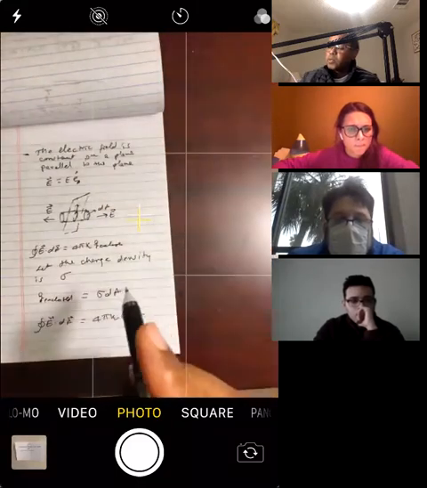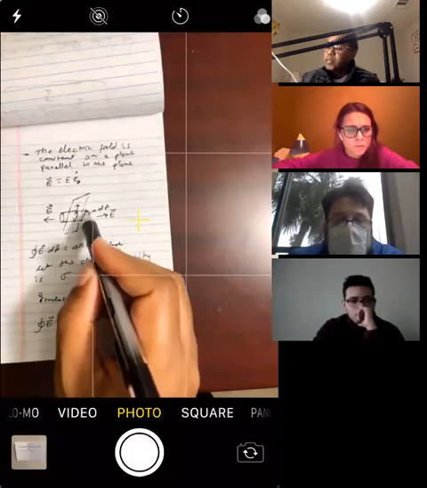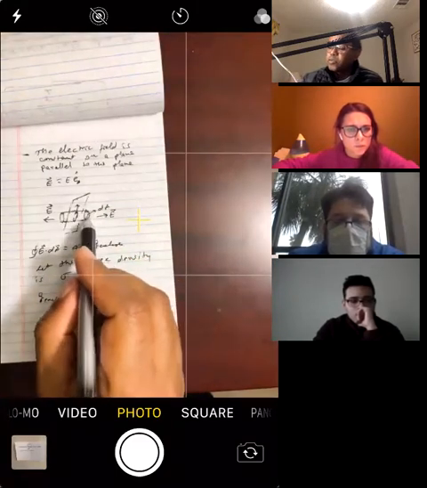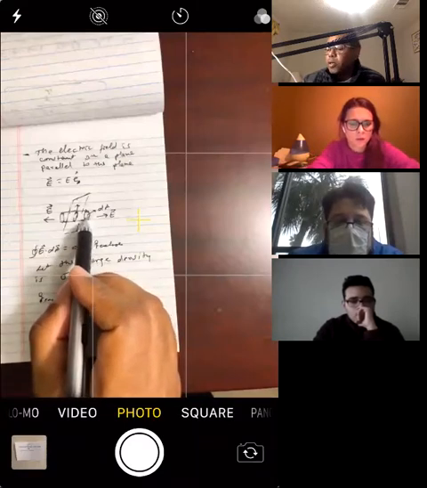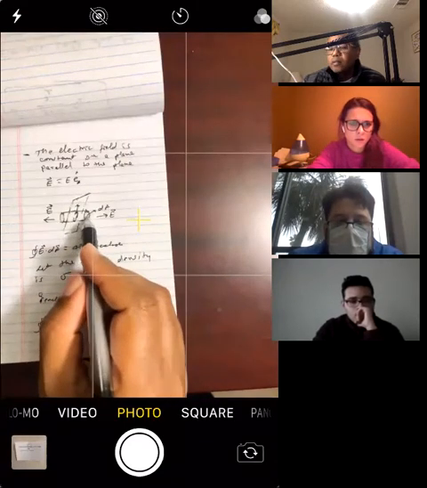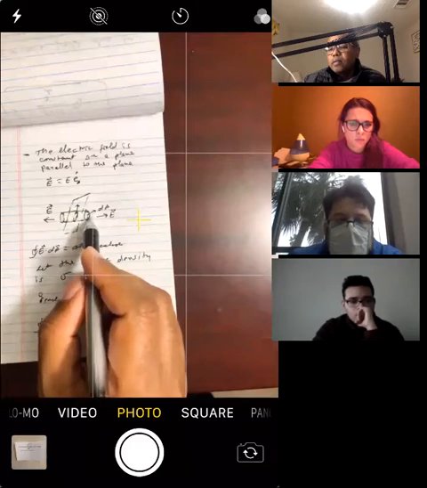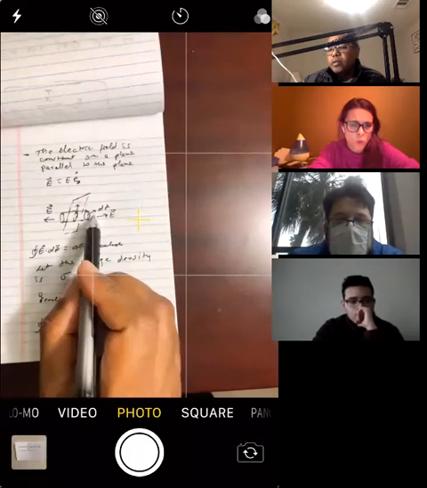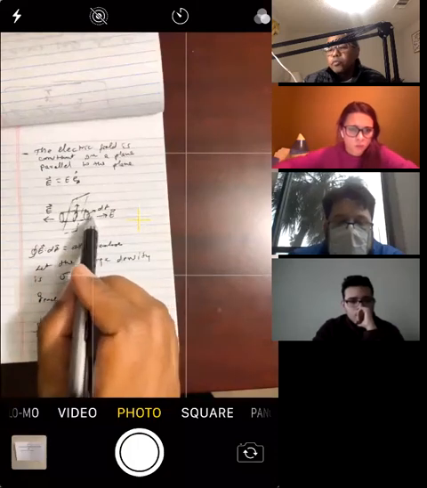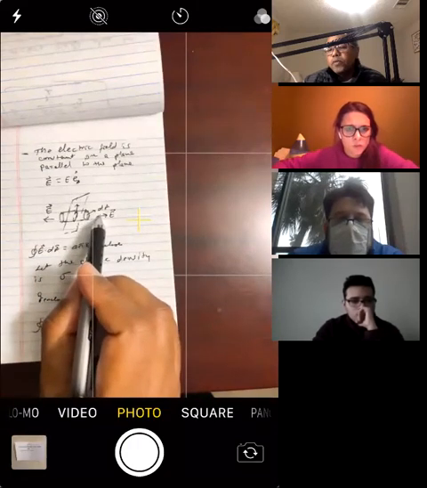Now let's look at the left end. What's the direction of the area over here? Is it perpendicular to the plane or parallel to the plane? Remember, the direction of the area is perpendicular to the surface, so it's going to be parallel to the field. You see that?